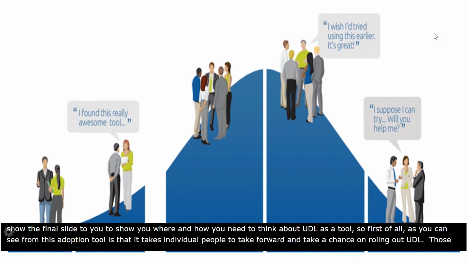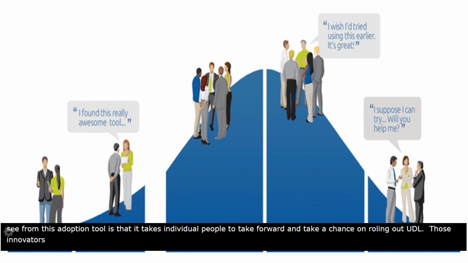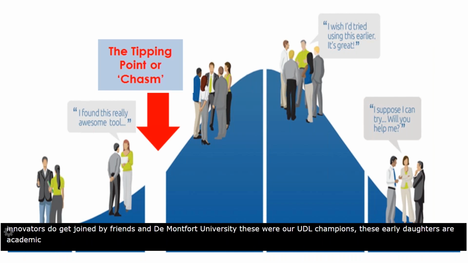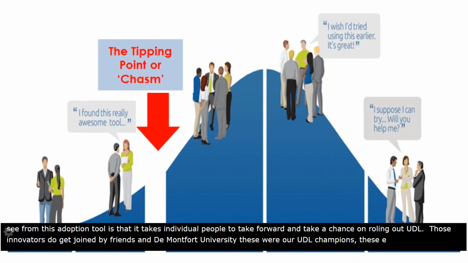At De Montfort University, these were our UDL champions. These early adopters had kudos and academic credibility with their academic colleagues, and therefore they were able to make that leap with colleagues to get over that tipping point or chasm to actually be the early majority.